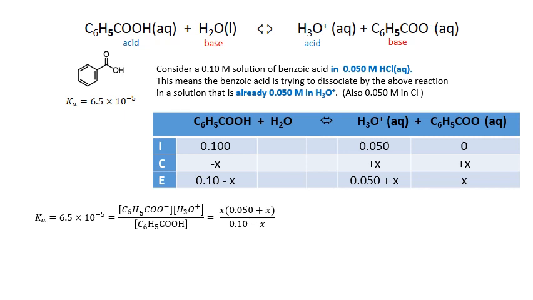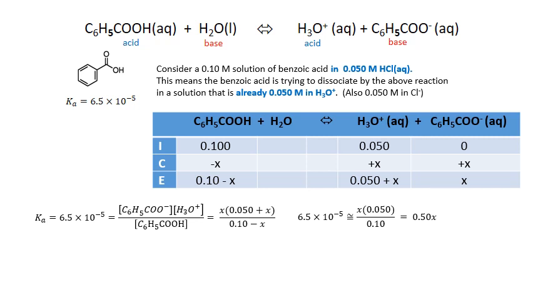Perhaps x is small compared to 0.1, and perhaps x is also small compared to 0.05 in the numerator. In other words, maybe we should at least check and see, is it possible that 0.05 plus x can be just approximated as 0.05, and 0.1 minus x could then be approximated as just 0.1.